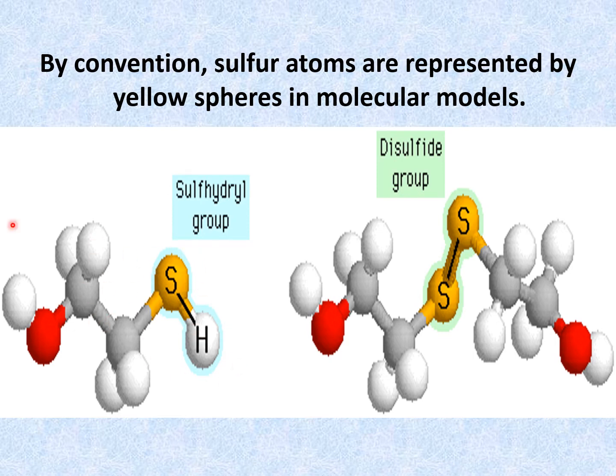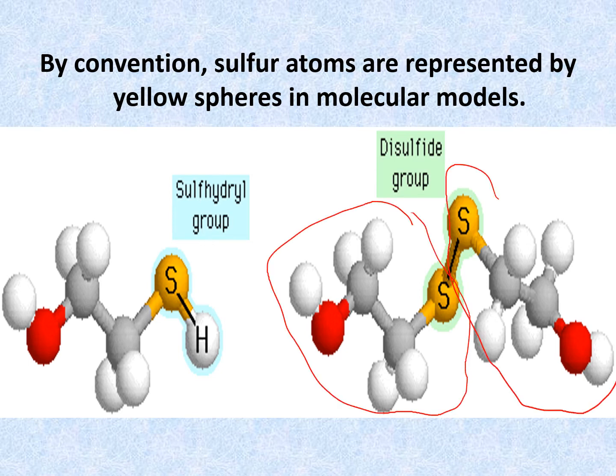Now, if two cysteines are reacted together to form one new amino acid, one new bond will be formed between the sulfhydryl groups of two cysteines.